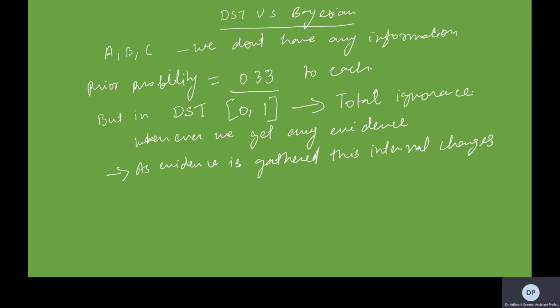Now, let's start with an example of DST. Before starting, let's discuss some notations in DST. The notation is theta. It is called the frame of discernment.